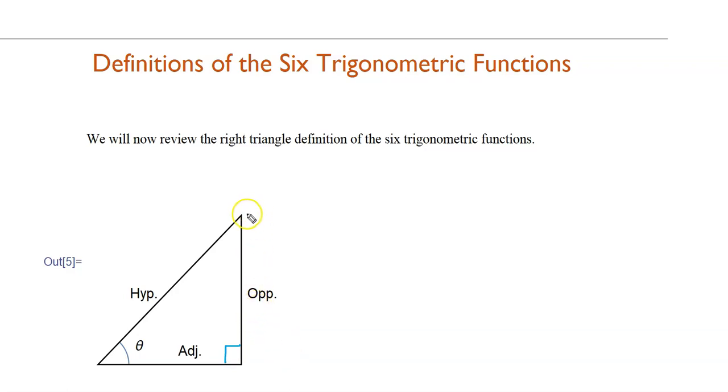We label the length of the opposite side. This side is called the opposite side because it's opposite our angle theta down here. We label this side as our adjacent side because it's adjacent to theta, and this side opposite the 90-degree angle is called our hypotenuse. So we have our opposite, adjacent, and hypotenuse lengths for this triangle. Those would be given to you.